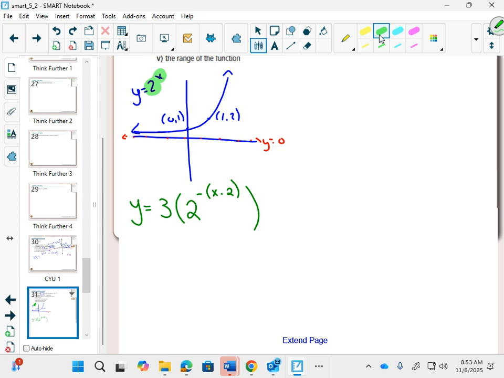You can't multiply that to get 6, because the exponent has to happen before we multiply. This 2 has an exponent. That has to happen first.